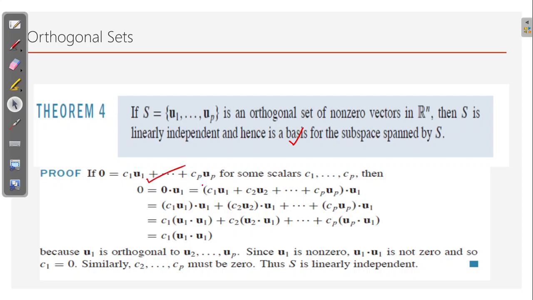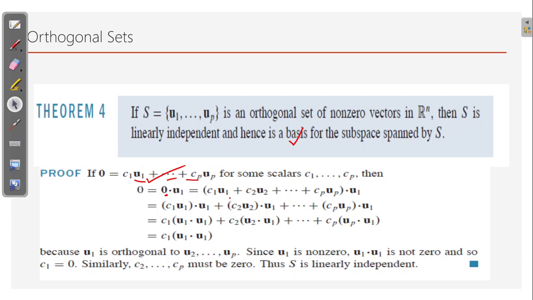Now I'm using another fact: 0 equal to 0 inner product u1. If you take the inner product between the zero vector and any other vector, u1, u2, u3, etc., up, then you will get again 0.